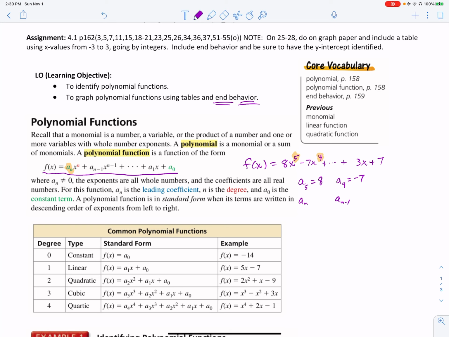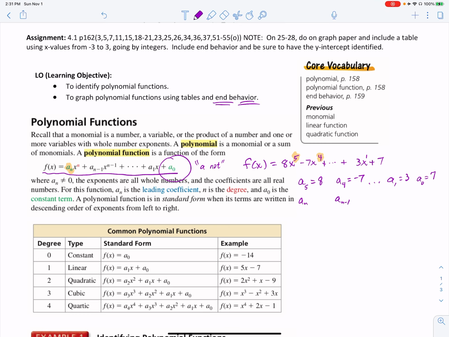So then when we get to this 3x to the 1st, that means a sub 1 is 3. And then the last term is what we call a naught. A subscript with a 0 is a naught. And so we'll say a naught is 7. And that is just your constant.